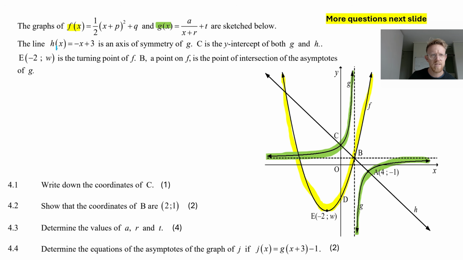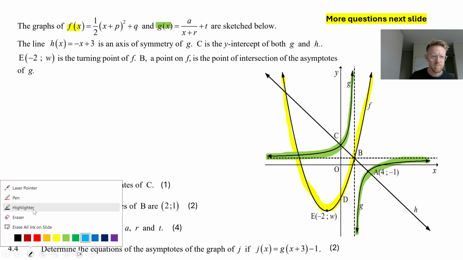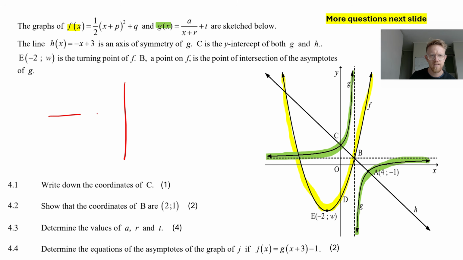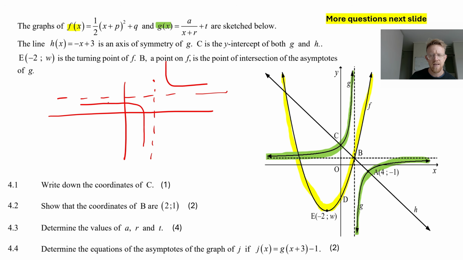And then they've told us that the line h is an axis of symmetry of g. So we know that when you have a hyperbola, maybe you have a hyperbola like there and there, then you've got these lines that go through the asymptotes, which is a line that goes this way, and then we have a line that goes that way.